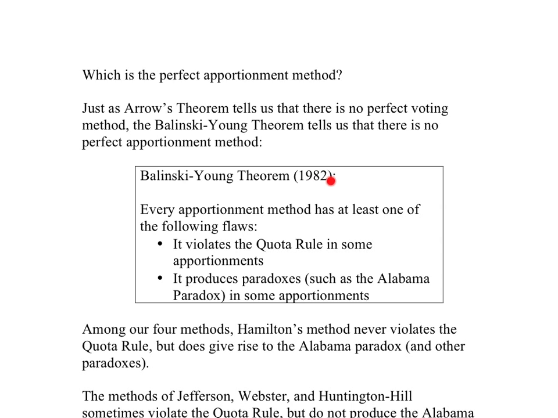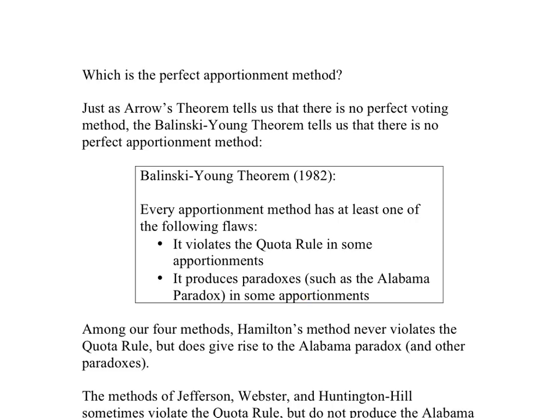And notice that this theorem is relatively recent. It was proved only in 1982. So they concluded that every apportionment method has at least one of the following flaws. It violates the quota rule some of the time, or it produces paradoxes, such as the Alabama paradox or certain others, in some apportionments.